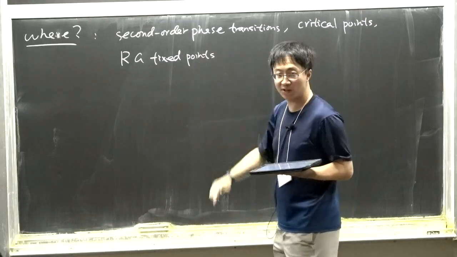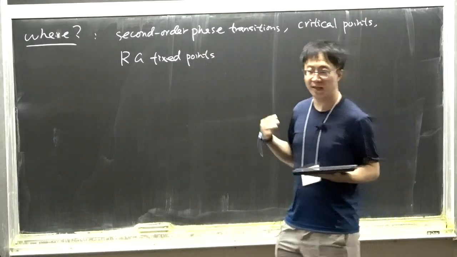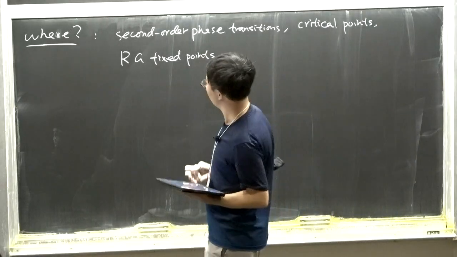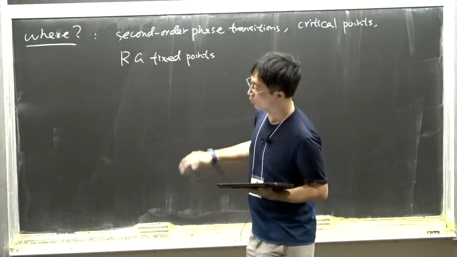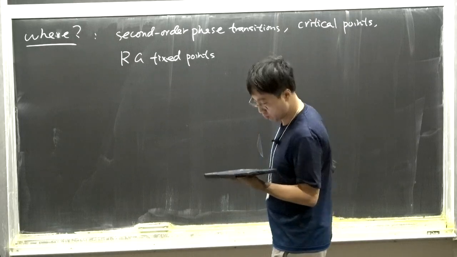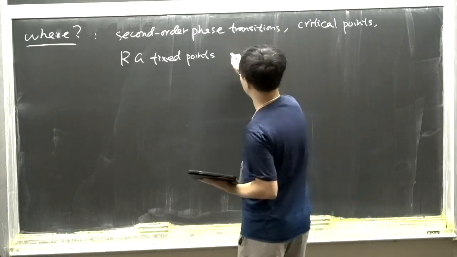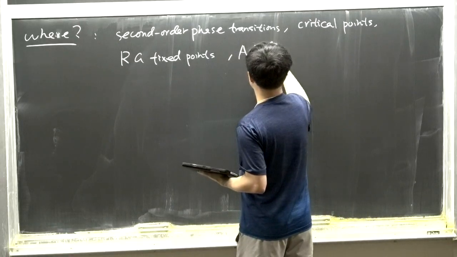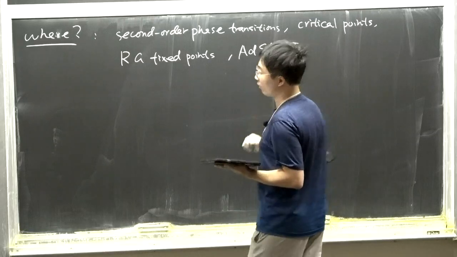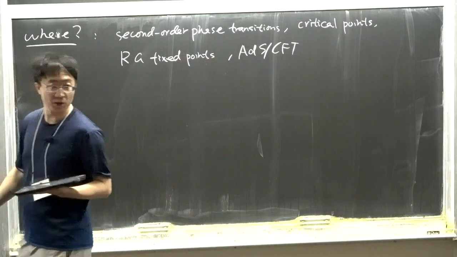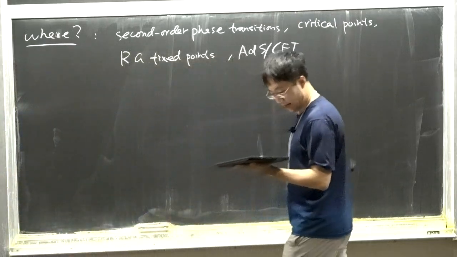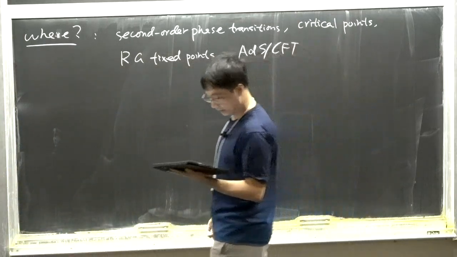And I emphasize these RG flows do not need to emanate from quantum field theories themselves, but could start from a lattice system, where we have this emergent Poincare symmetry, and that's further enhanced to the conformal symmetry. And finally, as we learned from AdS/CFT, this conformal field theory sometimes secretly encodes dynamics of quantum gravity.